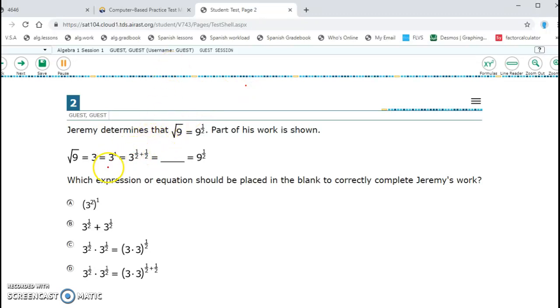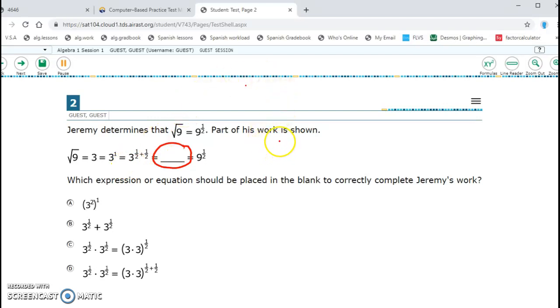So this first one is just looking for simplifying this and what's going to go in here. So we're kind of doing a backwards of the multiplication property for exponents.